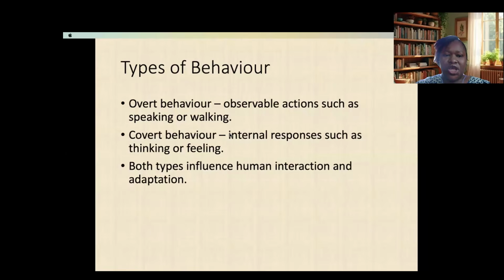The first one is overt behavior. These are the observable actions such as speaking and walking. Let's go back to our verb lesson. Our verbs, dancing, jumping, hopping, talking, sleeping, are all forms of behavior. Also, we have covert behaviors, which are the internal responses, such as thinking or feeling.